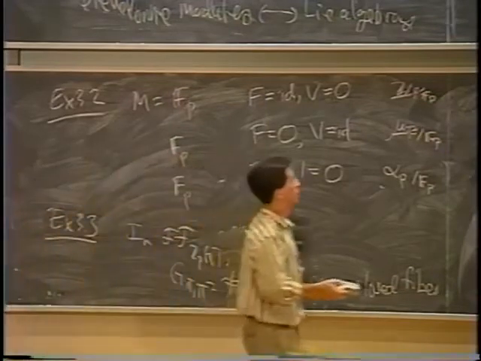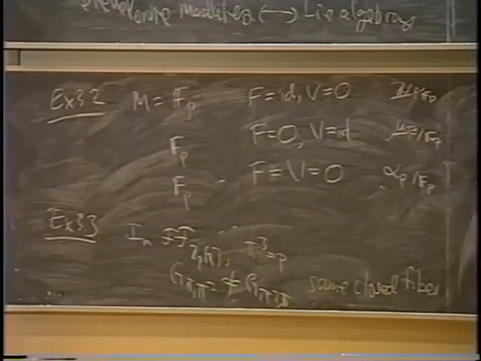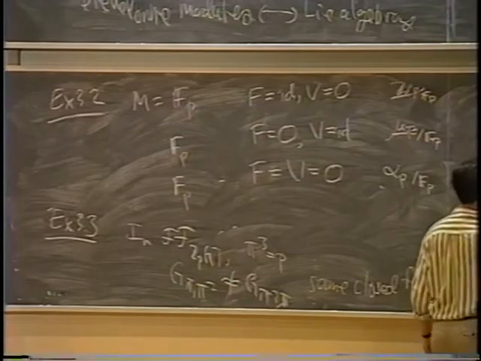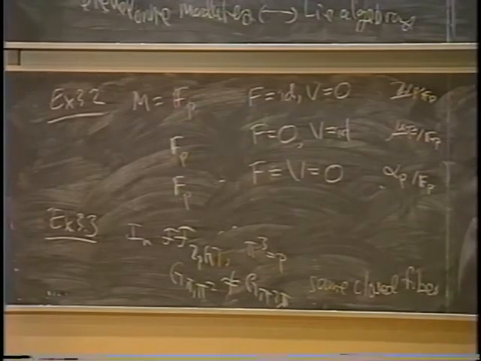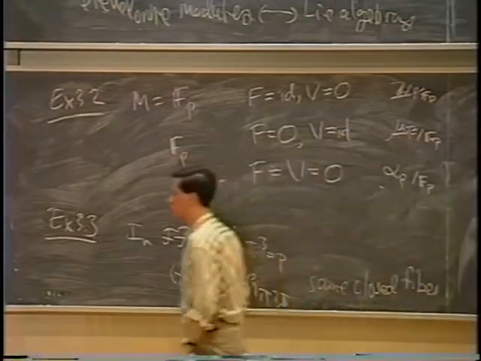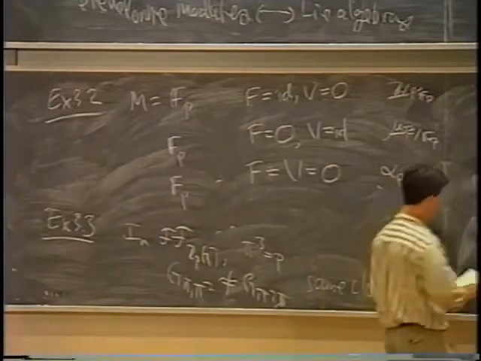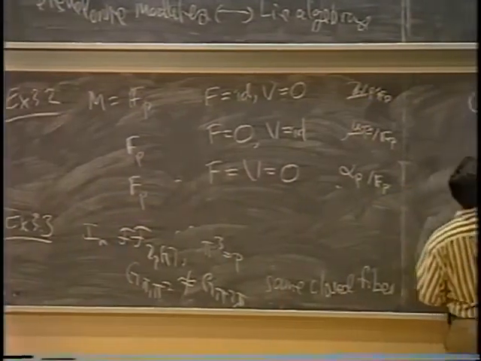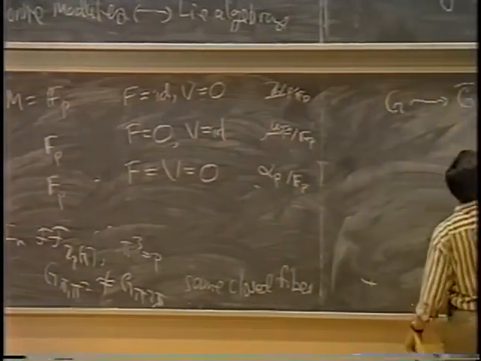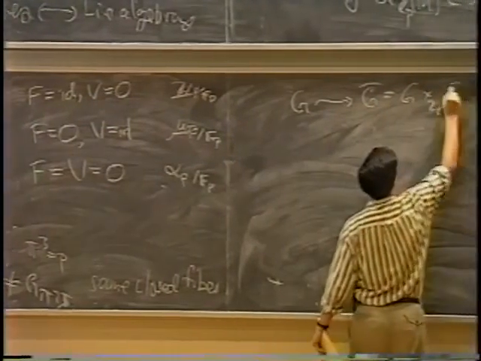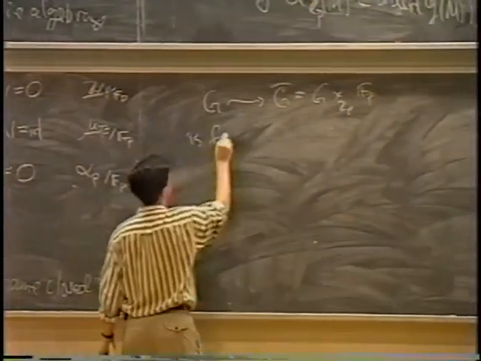Luckily, though, and now we're really at the sort of main result, which will wrap this up, well, second to last, fortunately, this passage to the closed fiber is faithful on maps. Okay? So in fact, sort of going from G to what I'll call G bar, this is faithful on maps.